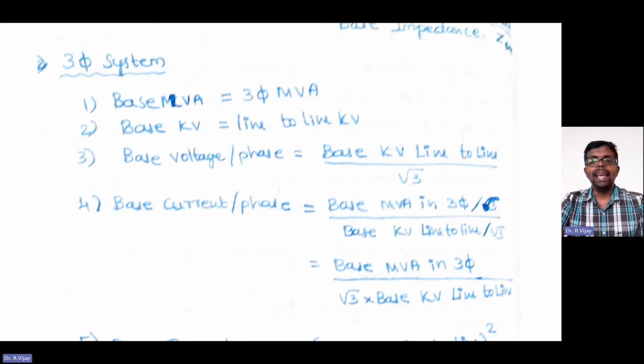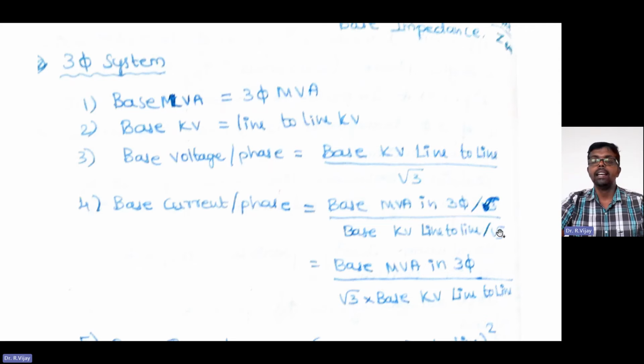How to calculate the base current per phase? Base current per phase is equal to base MVA in 3 phase divided by 3, the whole divided by base kilovolt line to line divided by √3. As we saw in the single phase, base current is base MVA divided by base kilovolt.